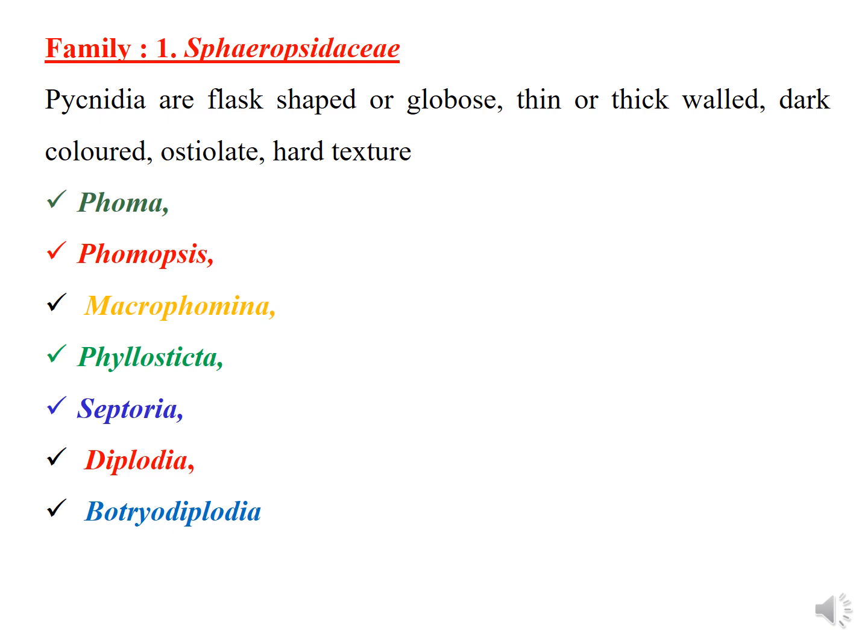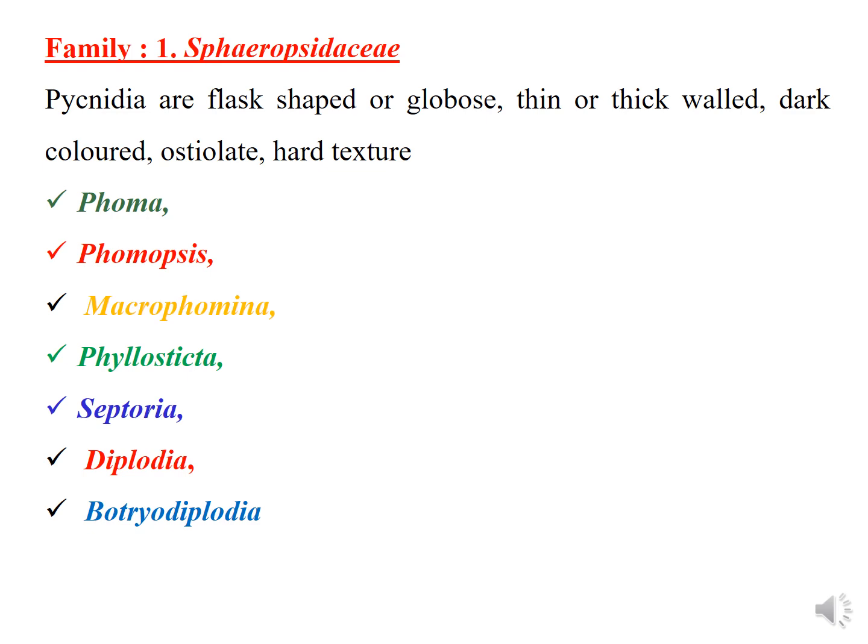It may be with loose pseudoparenchymatous tissue or thick walled and dark colored, ostiolate, that is opening present at the apex, and hard in texture. The different genera included under the Spheropsidaceae are Phoma, Phomopsis, Macrophomina, Phyllosticta, Septoria, Diplodia and Botryodiplodia.